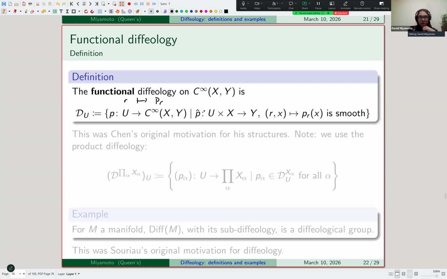This will be considered smooth if this adjoint map is smooth. So if I uncurry the map, U times X to Y, then I can take the pair (r, x). P_r is a function from X to Y, so I can plug in x and I get an element of Y. This map needs to be smooth. And that is the data of the functional diffeology.